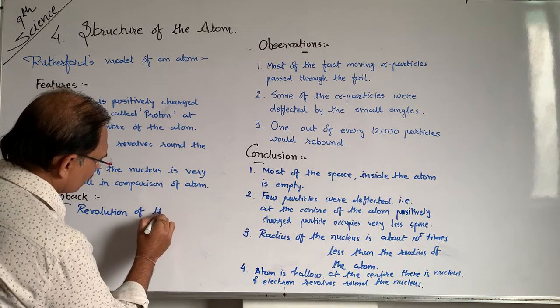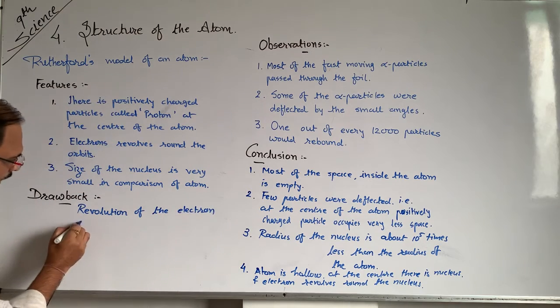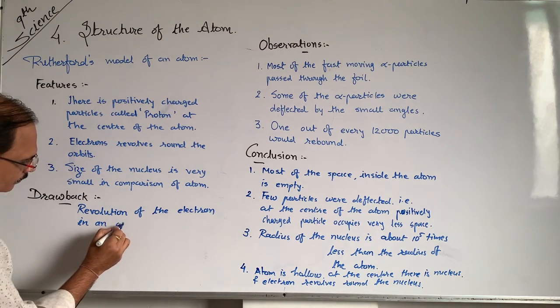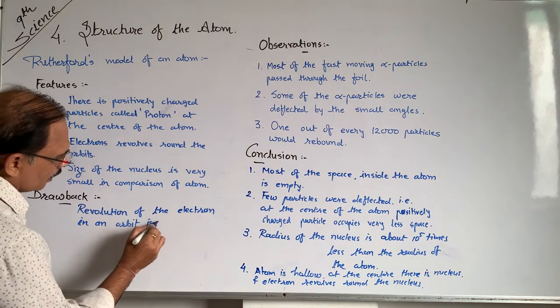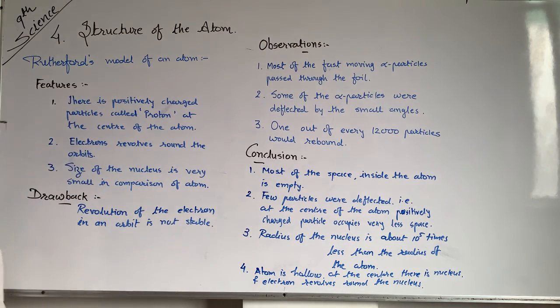Revolution of the electron in an orbit is not stable, Rutherford said. Actually, it is wrong, it is stable. See, this is the nucleus with protons and neutrons, and the electron revolves.